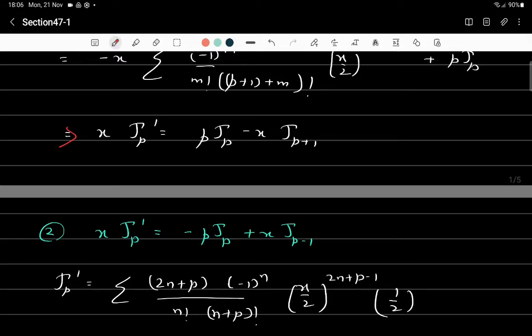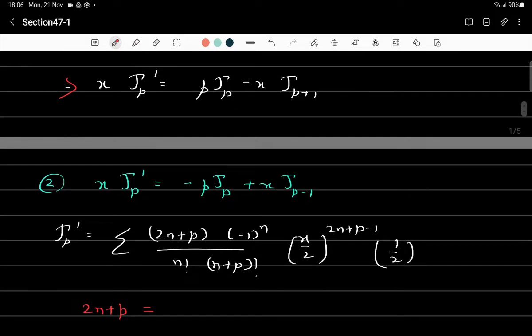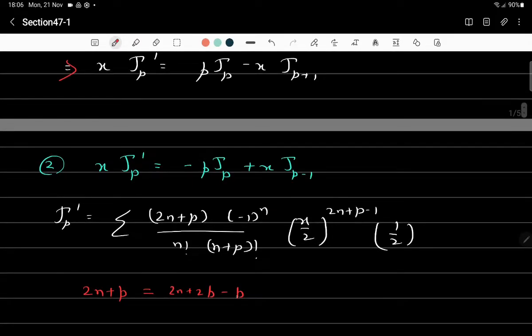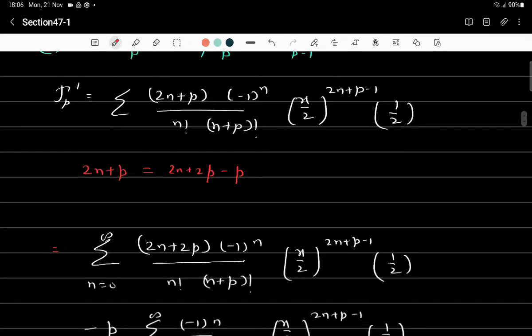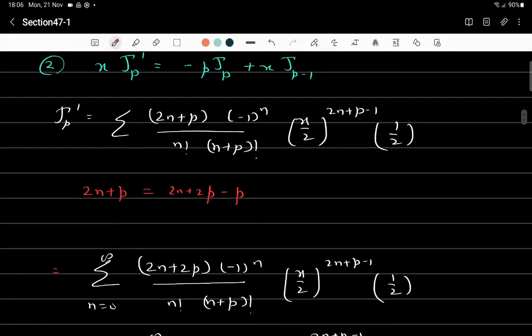Yes, so what I do is that I can write 2n plus p as 2n plus 2p minus p, and then I can consider one term with 2n plus p and the other term with minus p. So if you do it, then this is how the first term looks like.